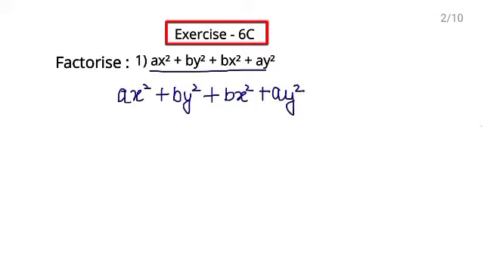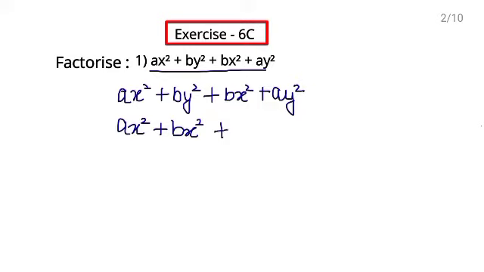First of all, look for the terms which have something common. ax square and by square have nothing common. So we will take ax square and bx square together. So write them: ax square plus bx square, because both these terms have x square.